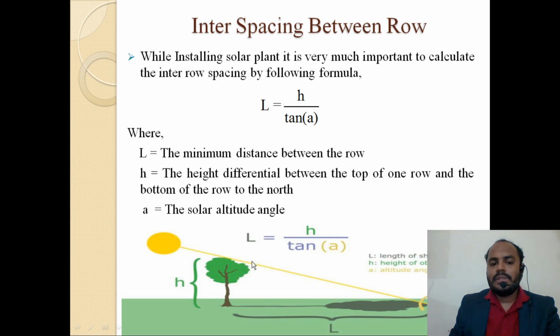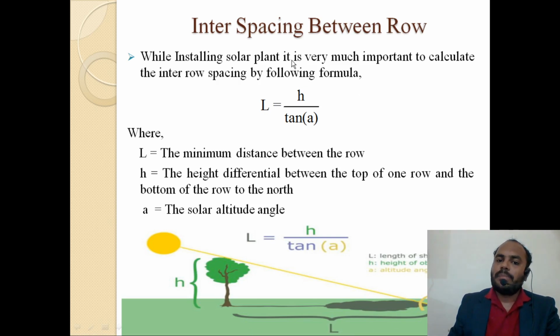The angle between these rays and the ground, this triangular angle, is A, the solar altitude angle. So the length of a shadow we can easily calculate by the formula H upon tan A, where H is the height of the tree and A is the altitude angle.